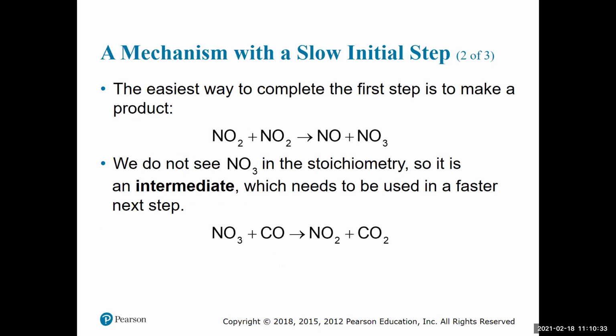So that means NO3 must be an intermediate, because remember we defined an intermediate as something that shows up in one of the steps, but doesn't show up in our final equation. So since it's an intermediate, it's going to be used up in the next step. And here's that next step, NO3 plus CO going to NO2 plus CO2.